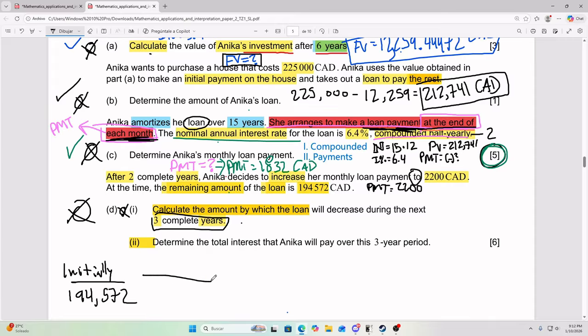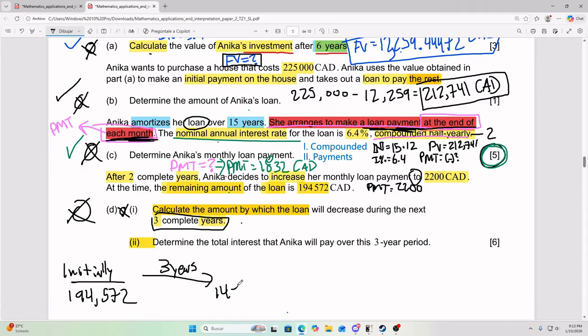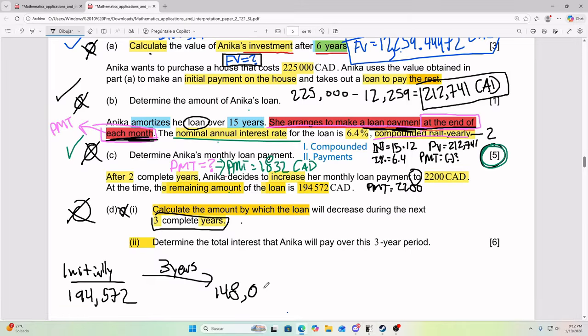And then after 3 years, it ended up at this value here, so the 148,099.